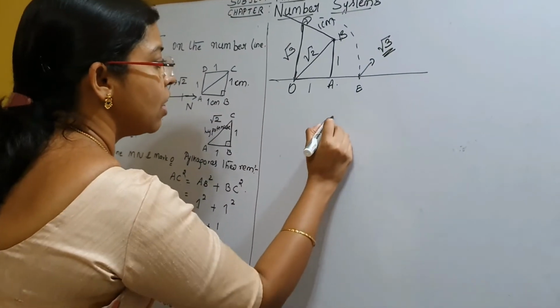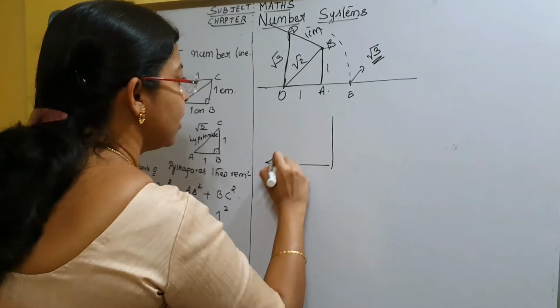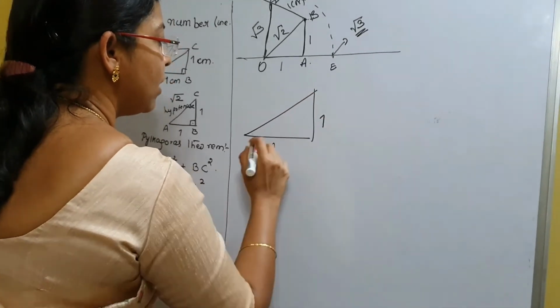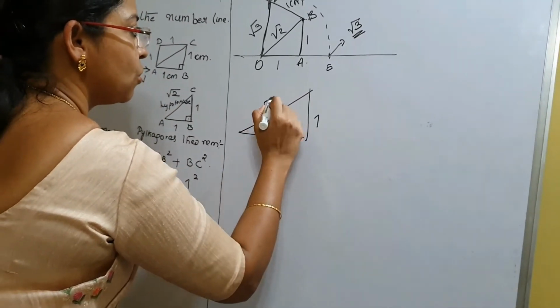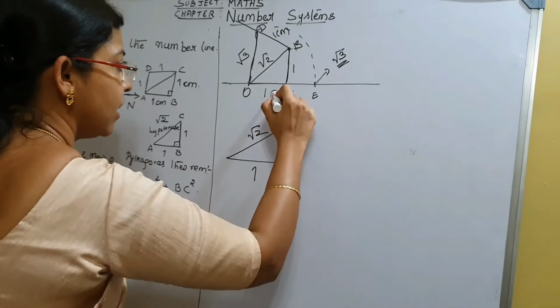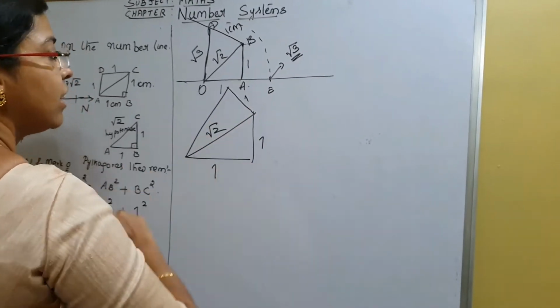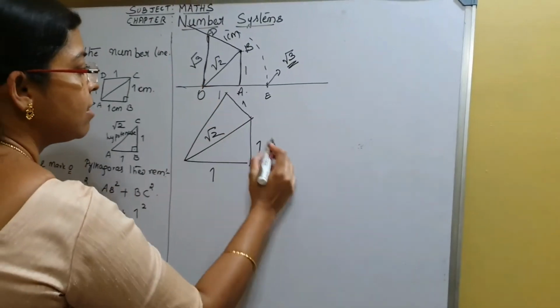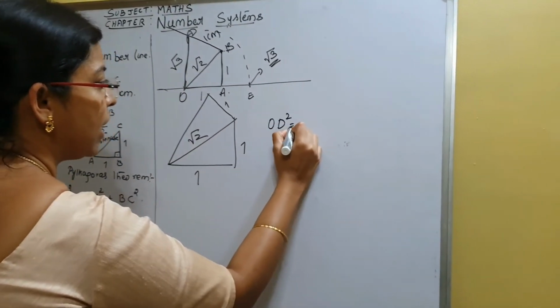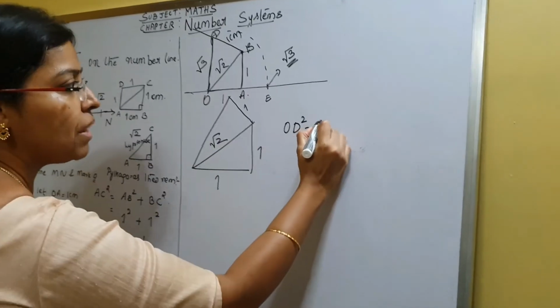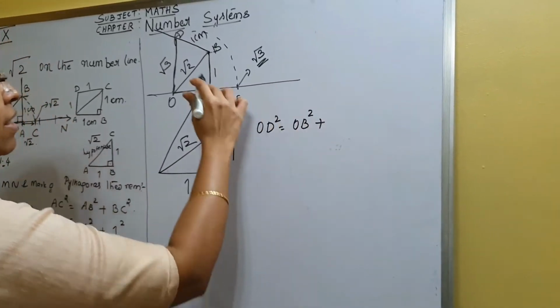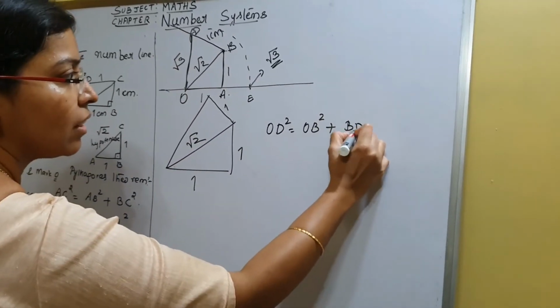How? On the right angle triangle, if this is 1 and 1 units, this is root 2. When we take another right angle here with 1 unit, how do we get the value of the hypotenuse? OD square will be equal to OB square plus BD square.